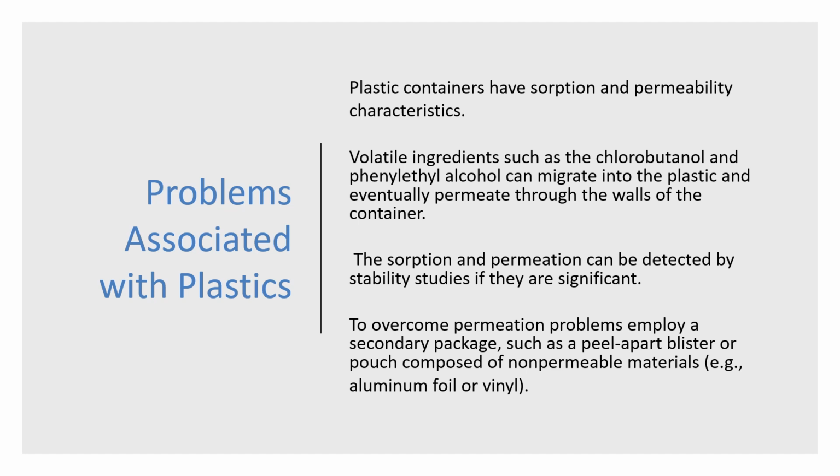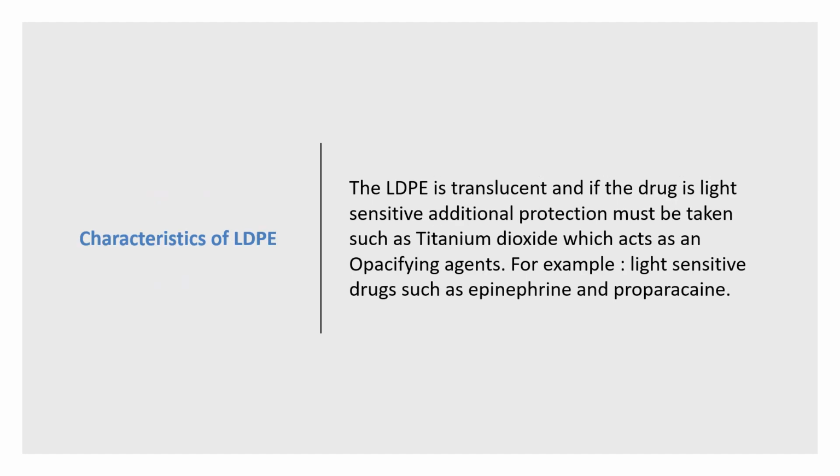Now efforts have been made to overcome the permeation problems by employing secondary packaging such as peel apart blisters, or a pouch composed of non-permeable material, for example aluminum foil or vinyl. Now, the main characteristic of LDPE is that it is translucent in nature.